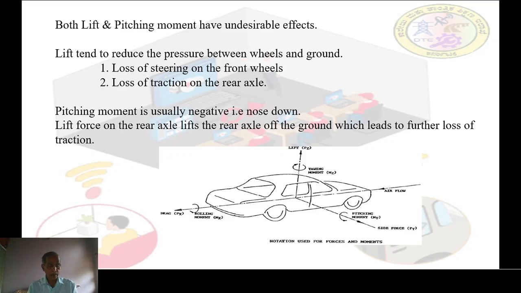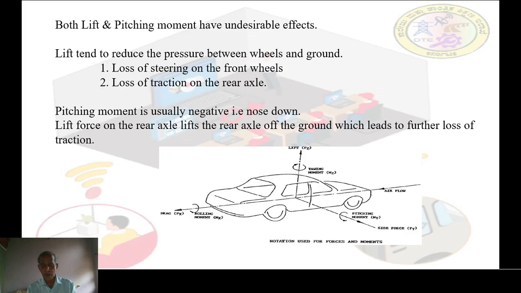Then the last one, vertical, means the z-axis. In the force formula, lift equal to Pz, and the Pz formula is equal to Cz rho v square A by 2. Then last, yawing movement due to side force, notation is Mz.